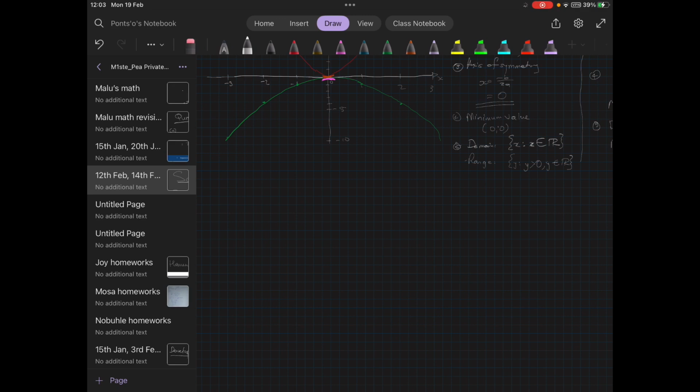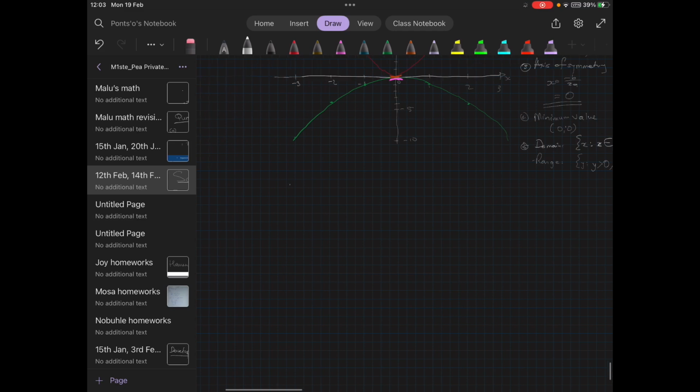So how we will do that: f of x is negative 1 over 5 x squared, and g of x is negative 5x squared.